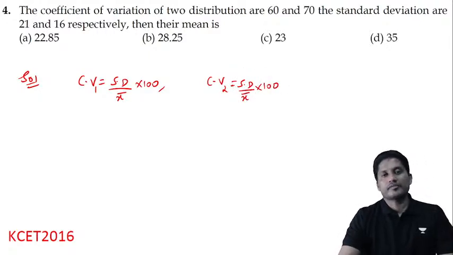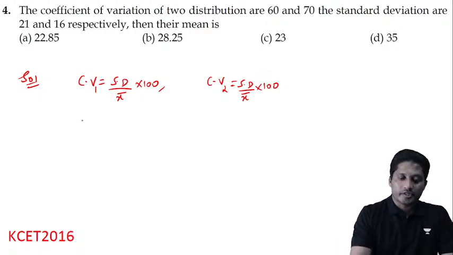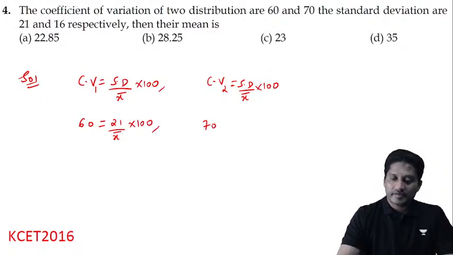Two options are possible here. The coefficient of variation of one of the distributions is 3, standard deviation of one of the observations is 21, and I am supposed to find the mean, into 100. Here also, the coefficient of the second observation is 70, standard deviation is 16 divided by mean into 100. I am supposed to find out the mean.